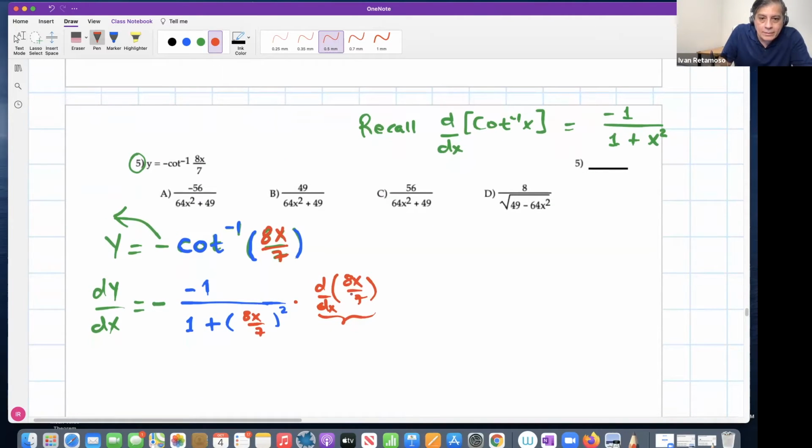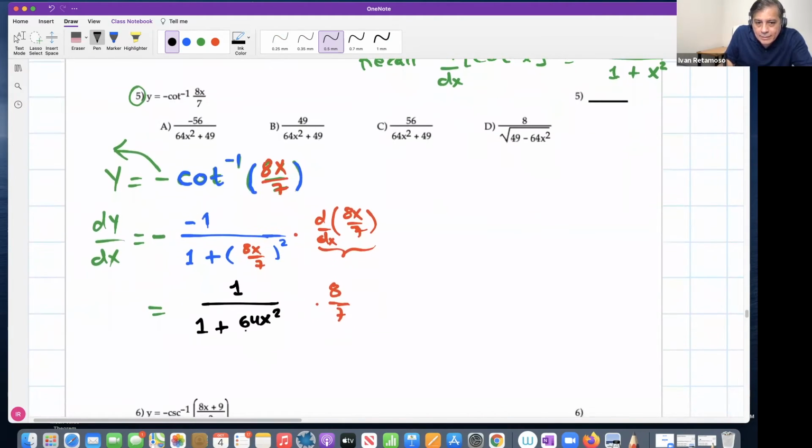You just focus on the constant part. That's it. Very good. 8 over 7 here. Times, negative and negative, positive. So this is going to be just 1 over 1 plus 8x squared. 8 squared, 64, 64x squared. 7 squared, 49.